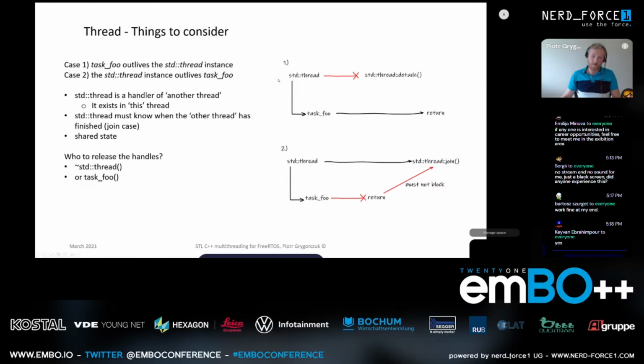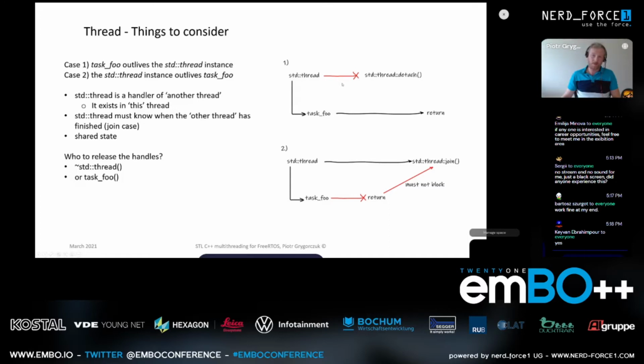But in STL, we have the entire object that is living in its own thread, while the spawned thread is living its own life. And then those two have to somehow communicate. The way I solved that problem is that there is a state, and the state has to be shared between the two.